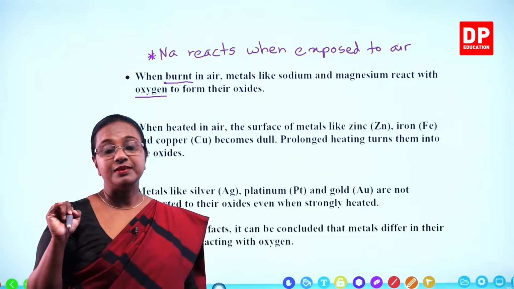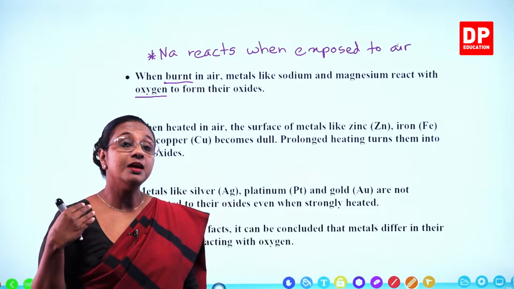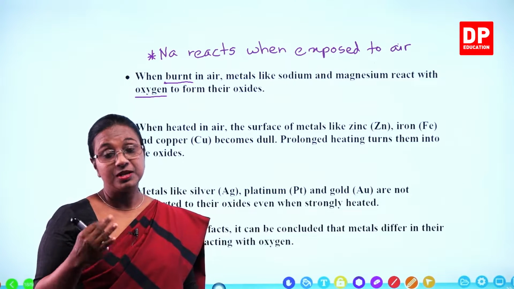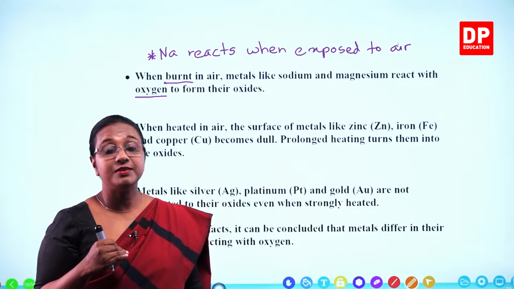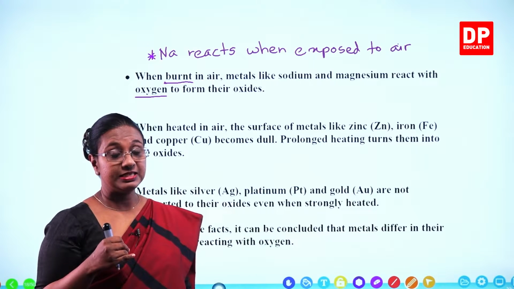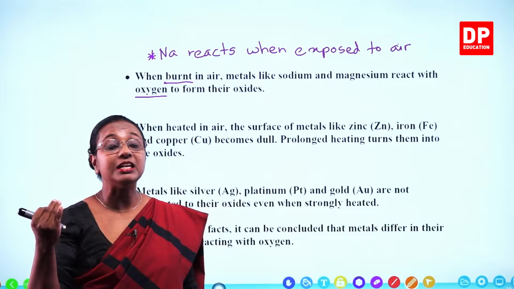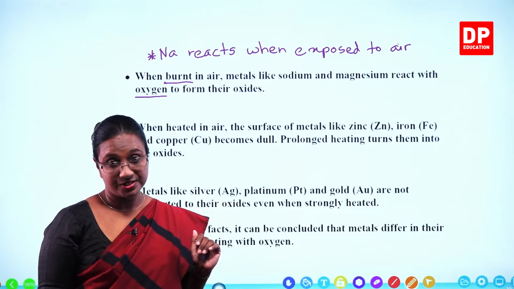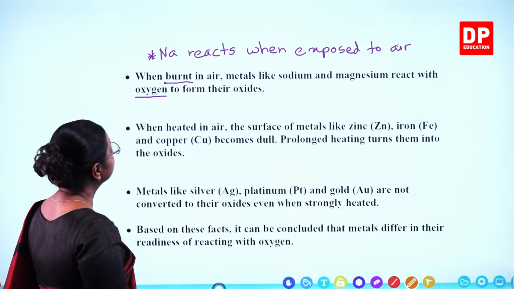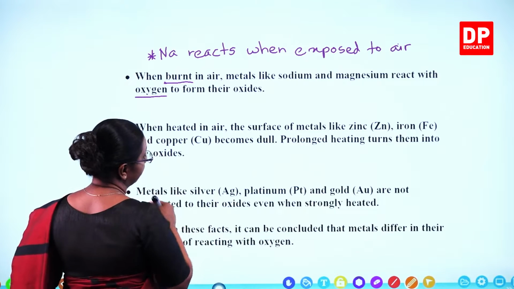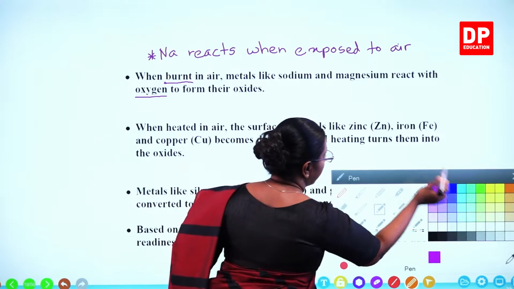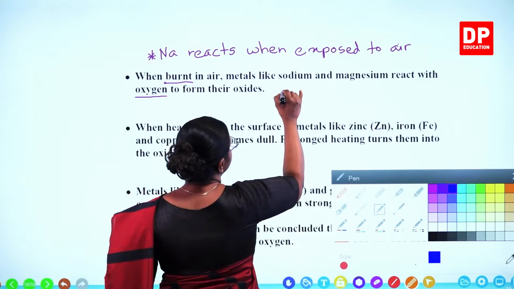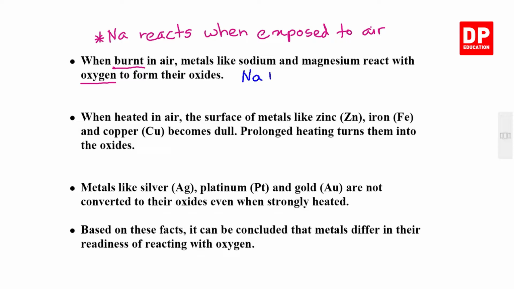And you're also familiar with the reaction where we burnt magnesium. We have done that before in one of the previous chapters. We burn magnesium and it burns with a bright white flame. So when burnt in air, magnesium reacts with oxygen. Again, if we write the two balanced equations, you can remember those, students. Sodium plus oxygen gives rise to Na2O.